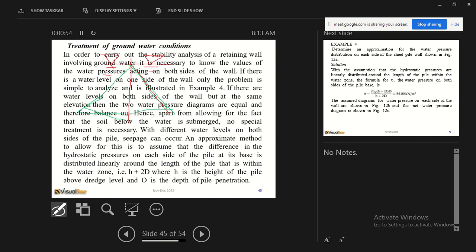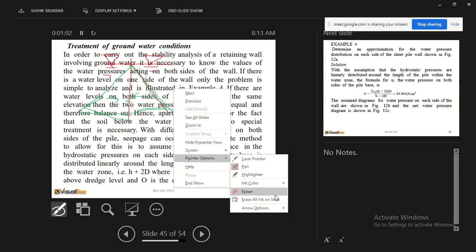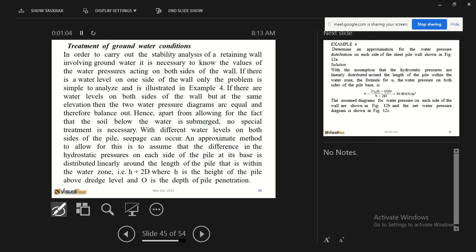You can see that these pressures are going to cancel out each other because they act in opposite direction if the elevation is the same. So that's the first idea. Then the pressure will balance out.